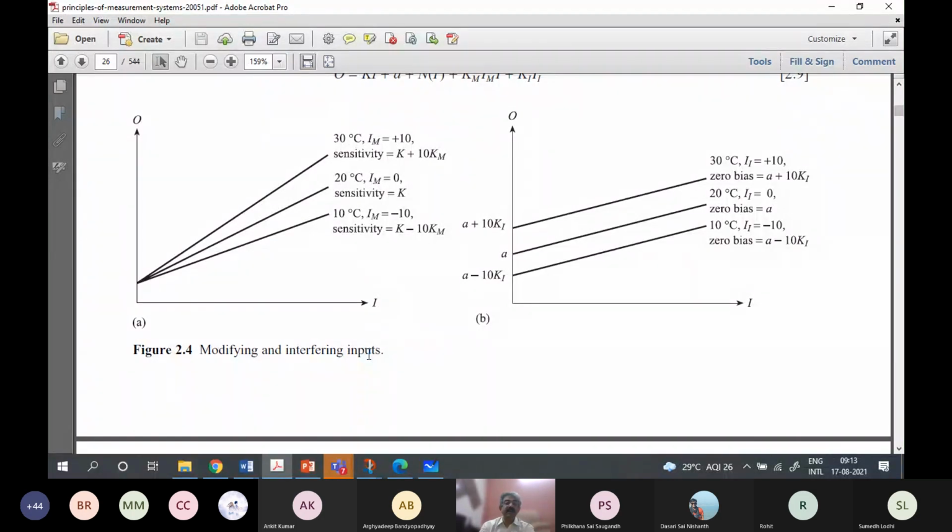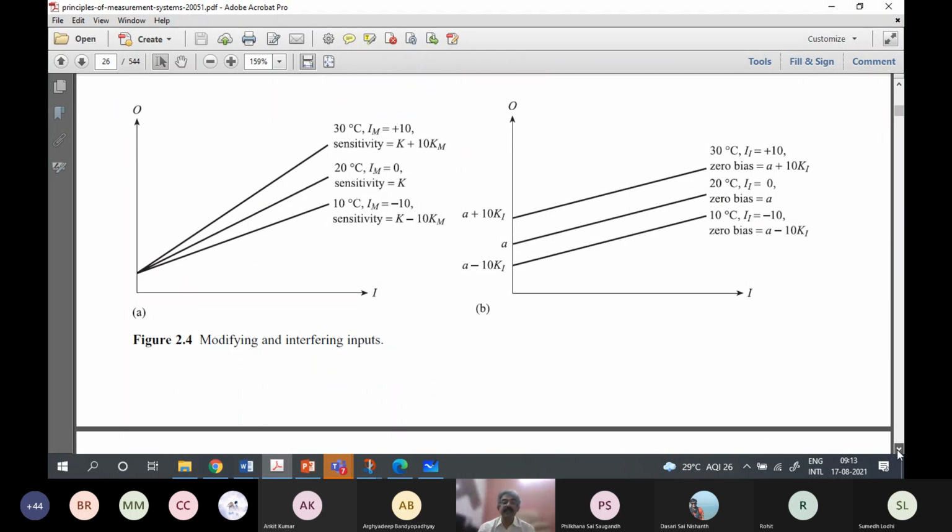Typically the Y% of reading comes from the modifying inputs, because they change the gain, so the error is proportional to the reading, and the X% of full scale deflection kind of specifications come from the interfering inputs because they are constant. So that's what is being explained here.